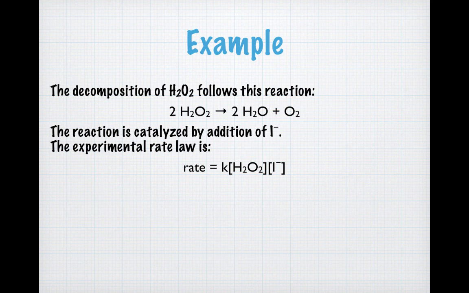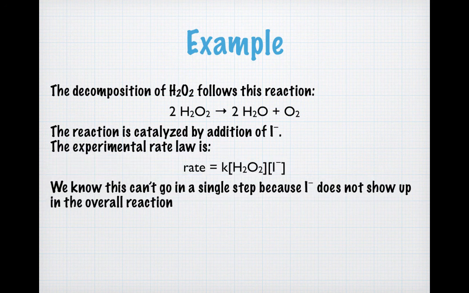Now, if we look at the overall reaction, we see that would be a bimolecular reaction, just the two H2O2 molecules colliding. So we may think that that could be a single-step reaction. The problem is when it's catalyzed like that, and we have I minus showing up in the rate law, we know now it can't be a single step since I minus does not show up in the overall reaction.